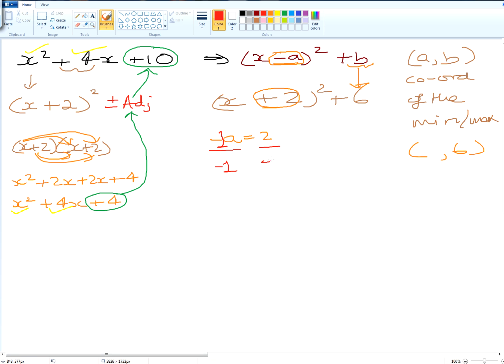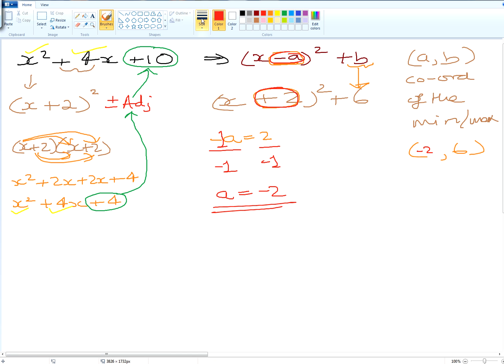So now we get plus a is equal to minus 2. Remember, you have to make this part match this part. So the minus a is equal to plus 2, and from that we worked out what the a value was.